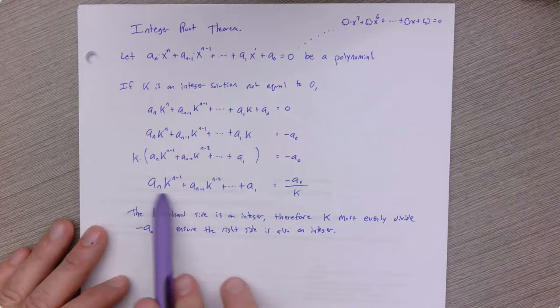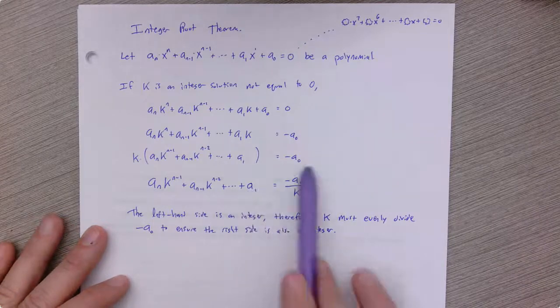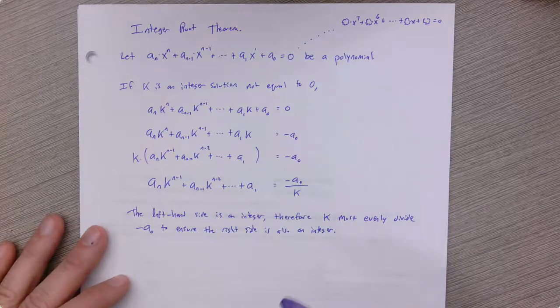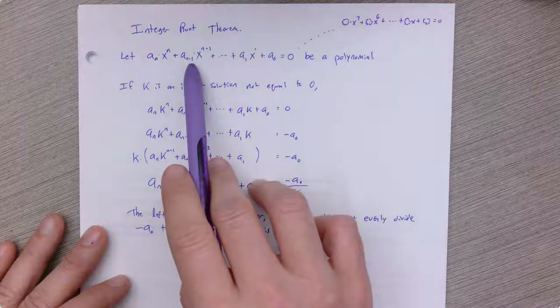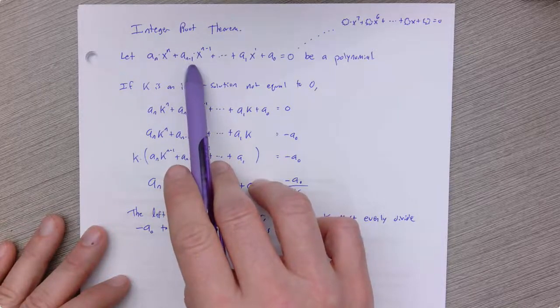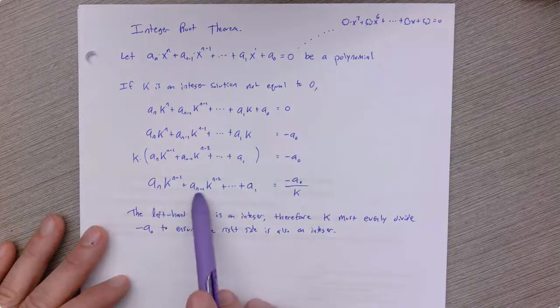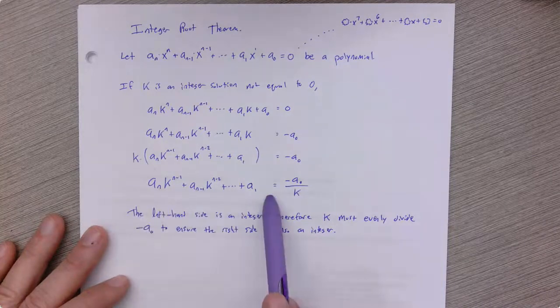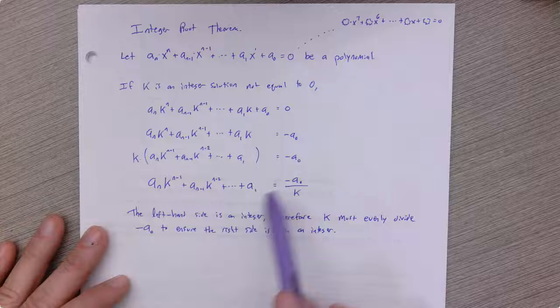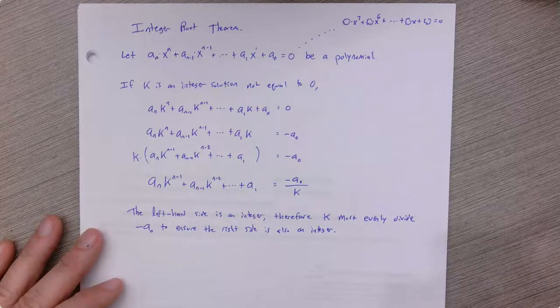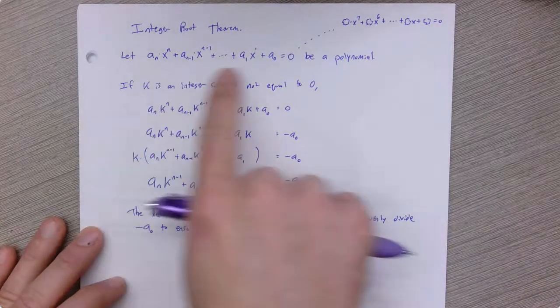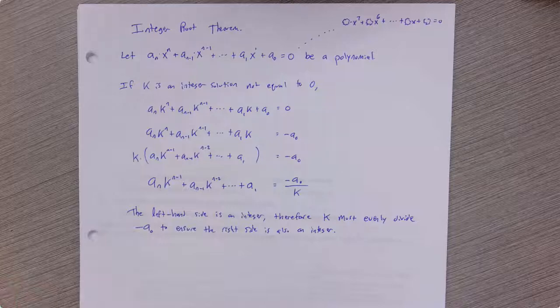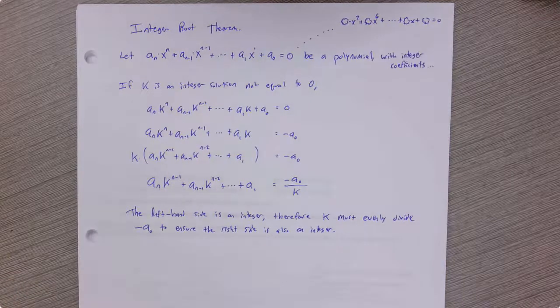So we'd said the left-hand side is an integer, therefore the right-hand side also must be an integer. But if one of these coefficients is square root 2, then I'd have square root 2 times an integer, and if you add that to a bunch of integers, the left-hand side is no longer an integer. So an important condition is that all the coefficients up here must be integers. So let's add that as a condition for our proof to be valid.